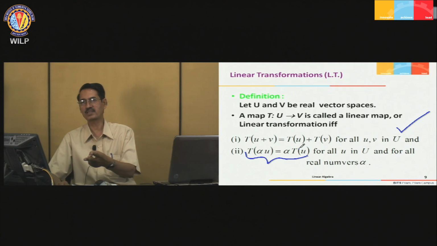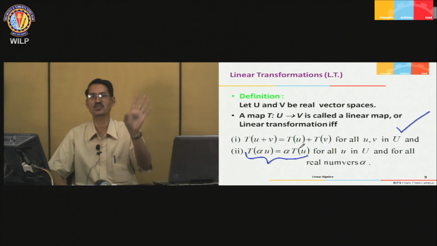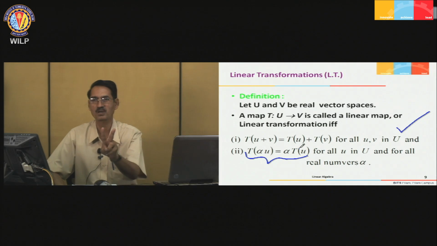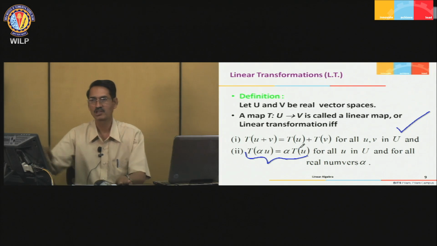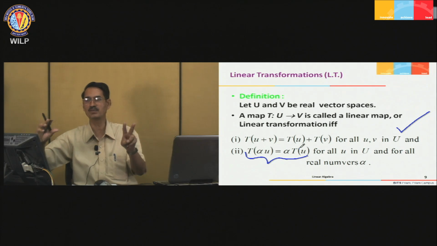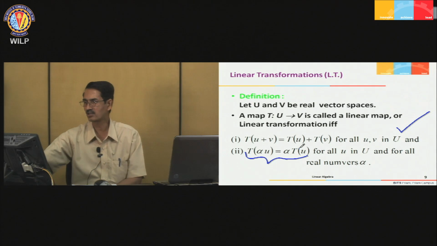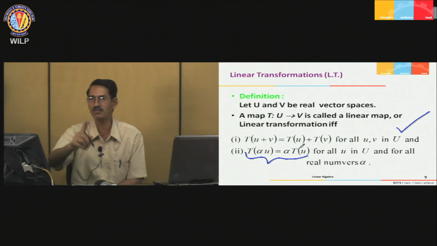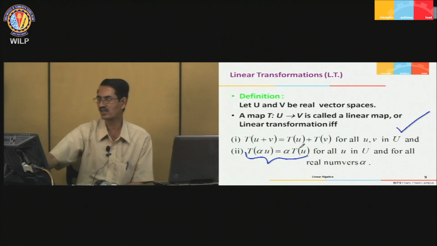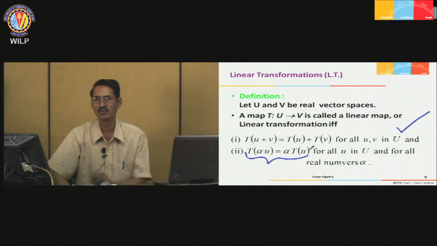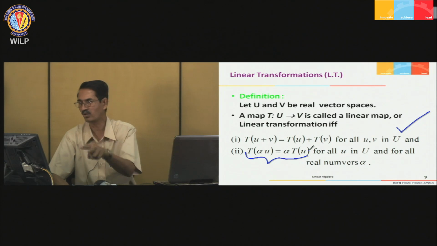If these two properties are satisfied, we shall say that T is a linear transformation. So, T is a linear transformation from a vector space U to another vector space V if and only if T of u plus v is equal to Tu plus Tv for all u, v coming from U, and T of alpha u is equal to alpha times Tu for all u coming from U and for all real alpha.